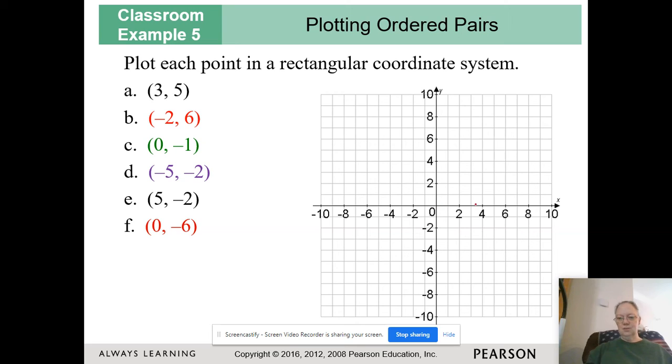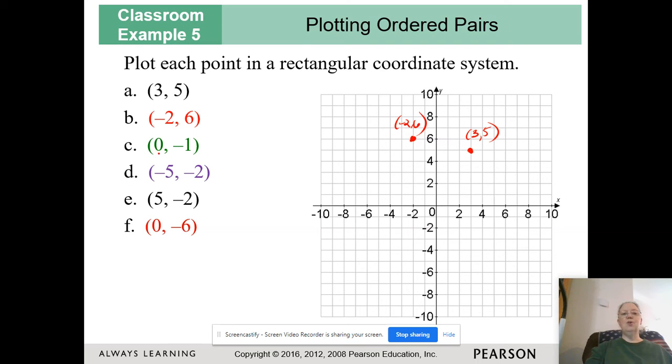There you go. So over 3, up 5 is the point (3, 5). Negative 2, 6. My x is negative, that means go to the left. My y is positive, that means go up. So negative 2, 6 is going to be this point right here.